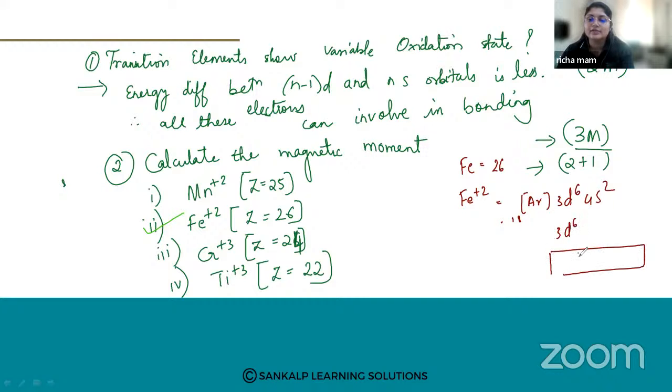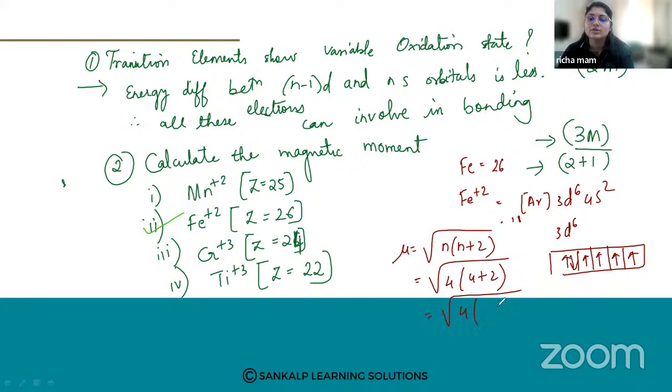Writing the electrons, 1, 2, 3, 4, 5, and 6, the unpaired electrons are 4. So mu is equal to the square root of n into n plus 2, 4 into 4 plus 2, which is 4 into 6, the square root of 24.